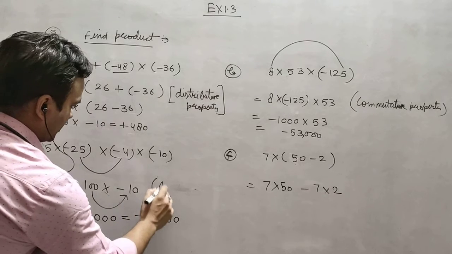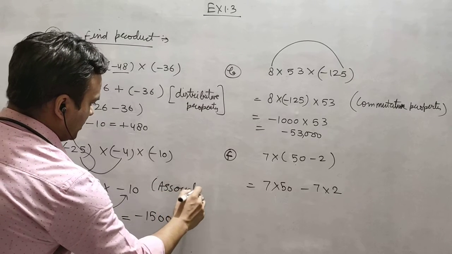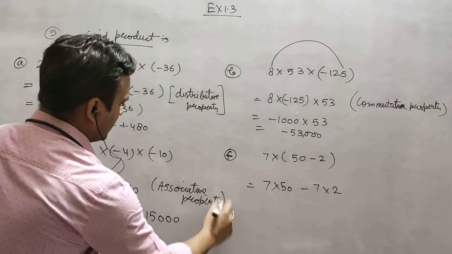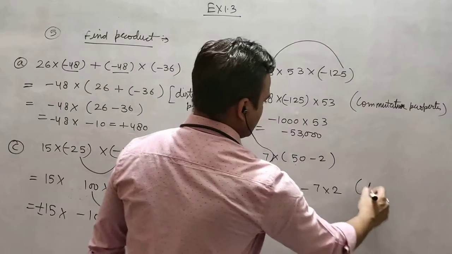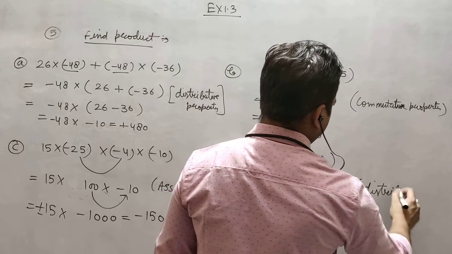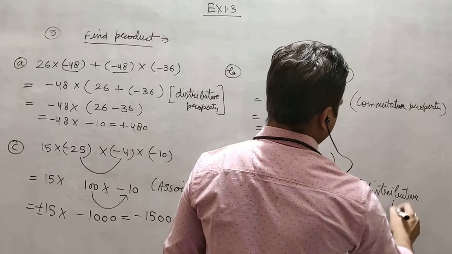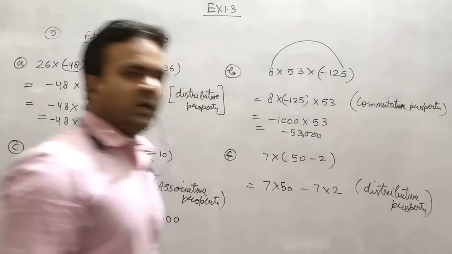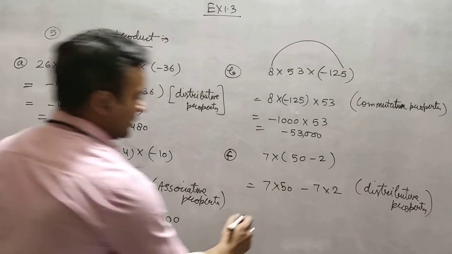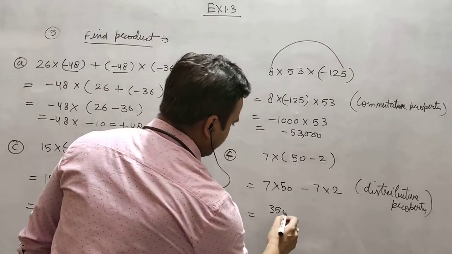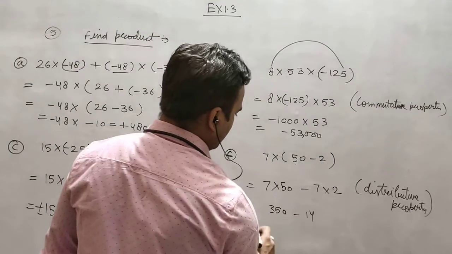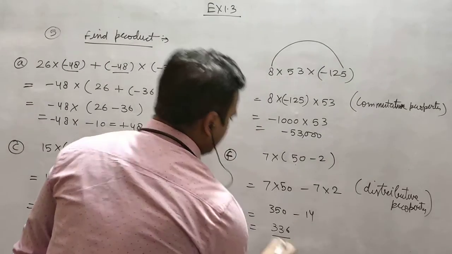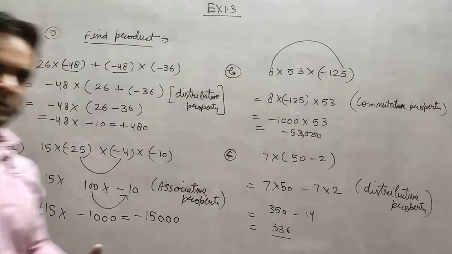So it is called associative property. Right. Always mention the property in each part so that the teacher would be able to understand which property you have used. So it will be 350, it will be 14, and 350 minus 14 will be 336. I think this is easier than the multiplication.